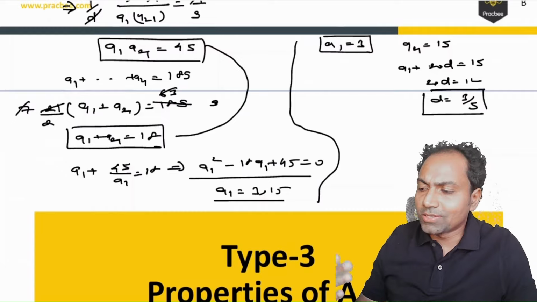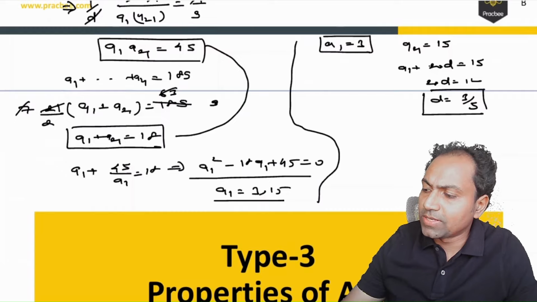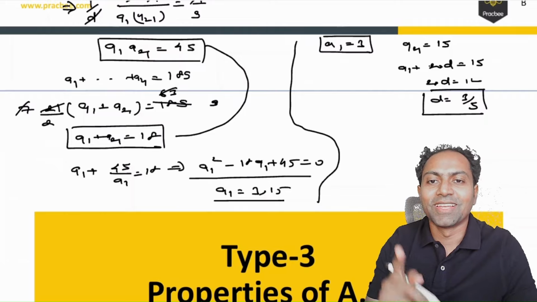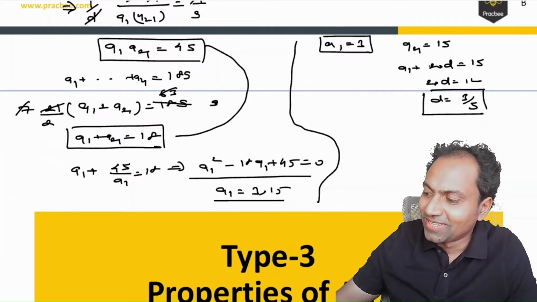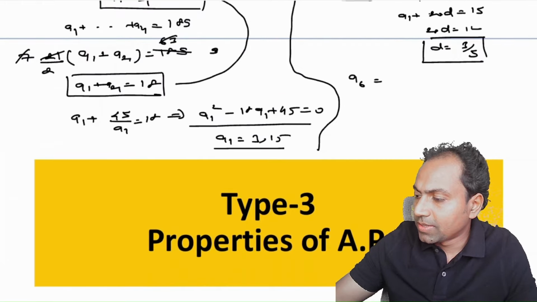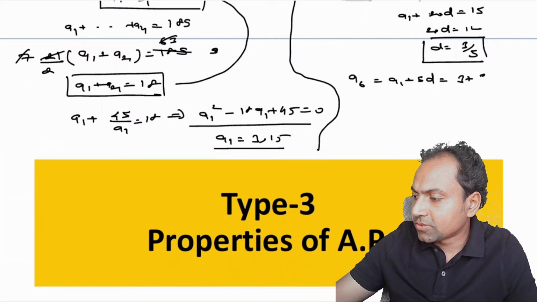Once you have got these values, now your life becomes very easy, because now you know the value of a, you know the value of d, you can find a6 and a16, multiply them and get the answer. So if you do that, your a6 would be nothing but a1 plus 5d. So this 3 plus 5 into 3 by 5 comes out to be 6.